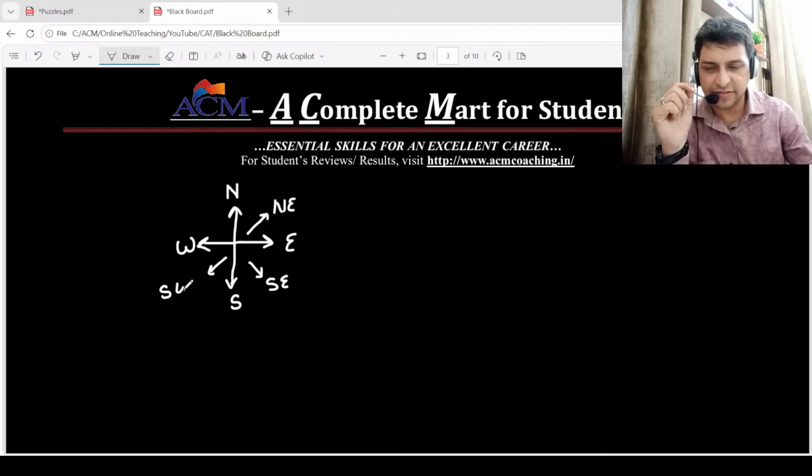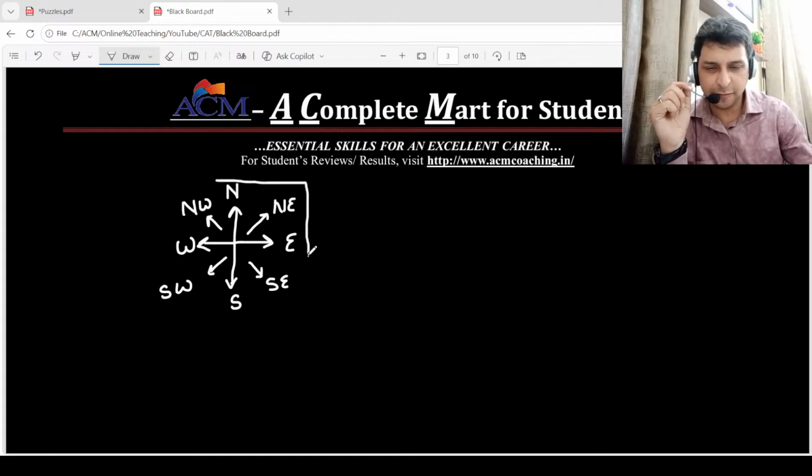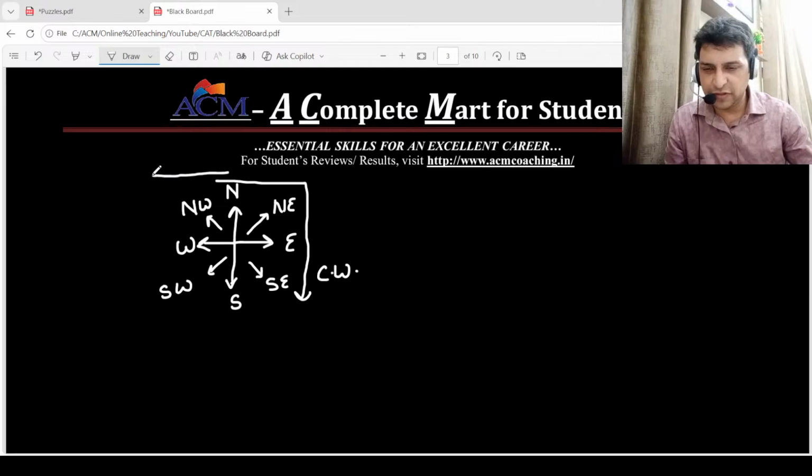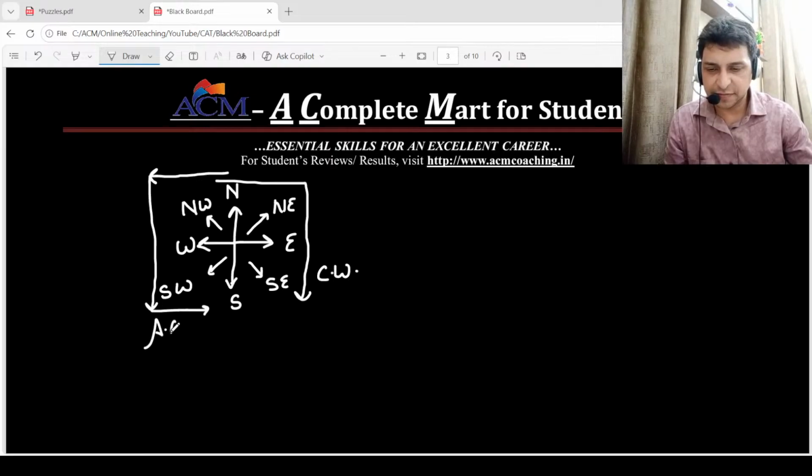Between south and west we have southwest. And between north and west we take it as northwest. If somebody moves in this direction, like a clock does, this is clockwise movement. And if we move in this direction, opposite to the clock, this is anti-clockwise.